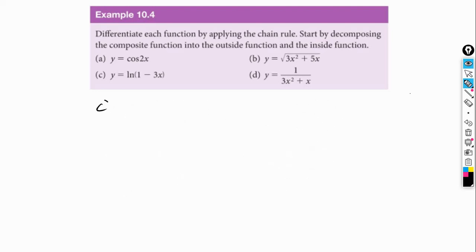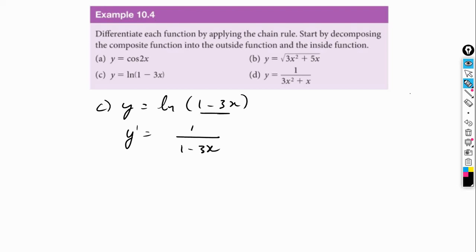So for c, we have y equals natural logarithm of 1 minus 3x. So the obvious external function here is natural logarithm of x. So we would write this as derivative of y will equal 1 over, and remember that we have to leave the inside intact, so we would write 1 over 1 minus 3x.